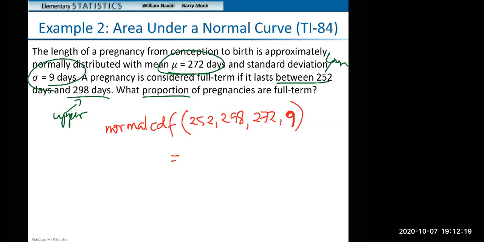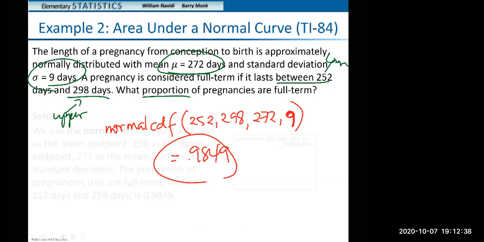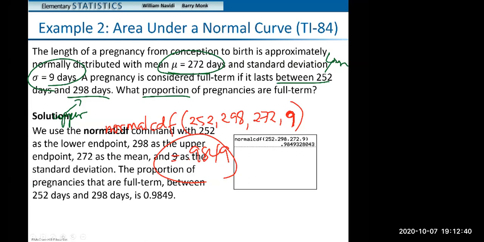Say that again, 0.9849. Yeah, 0.9849. All right, thank you. So Cami said the same thing. Check. Yes, it is 0.9849.